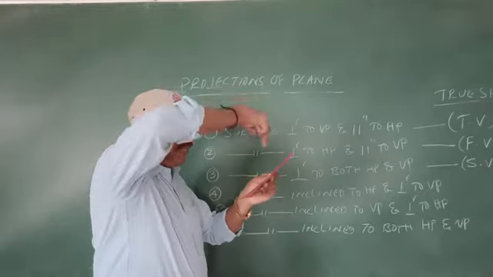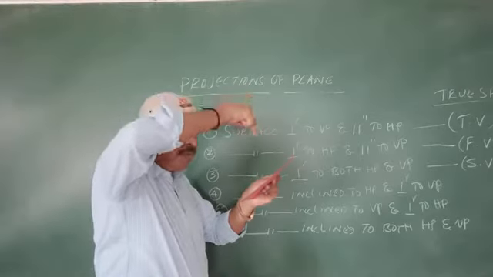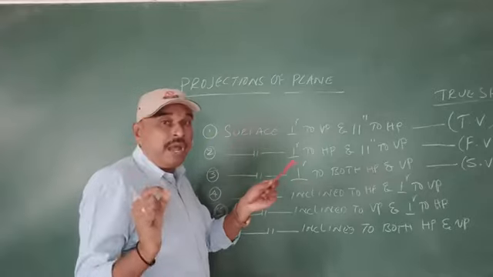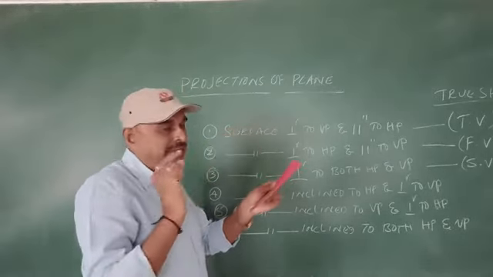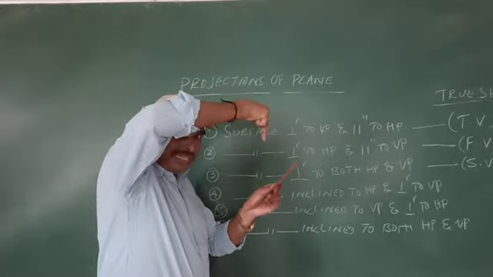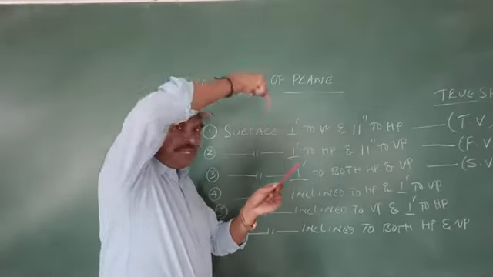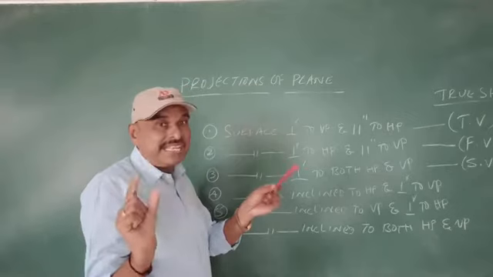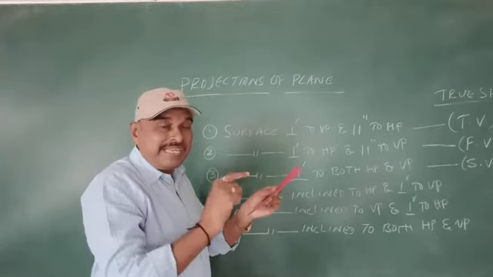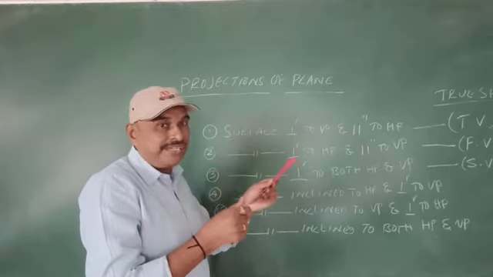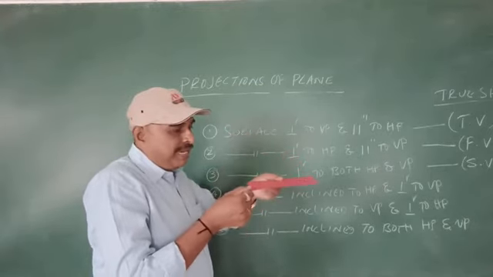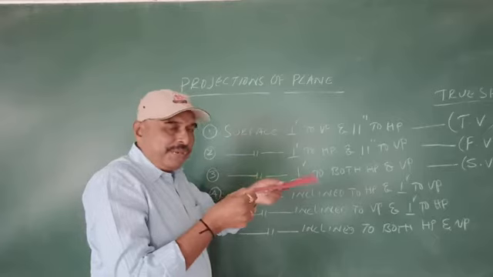If you observe from the top, you can see the shape of the object, but not the true shape. It is not the original size; it is a foreshortened shape. Suppose when it is parallel, you can see the true shape.